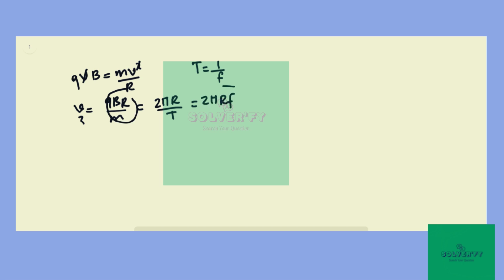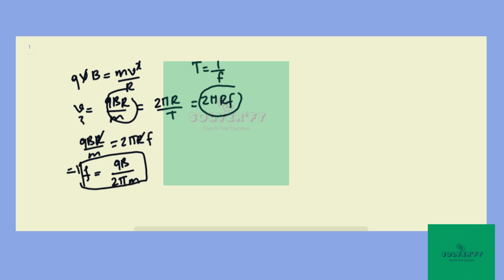Taking these two equations, qBr over m equals 2 pi r f. The r's are going to cancel, so frequency would be equal to qB over 2 pi m. Now, this is going to be an important equation. We're going to need this over and over.